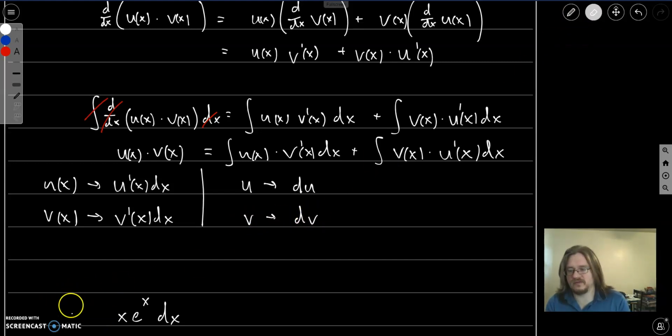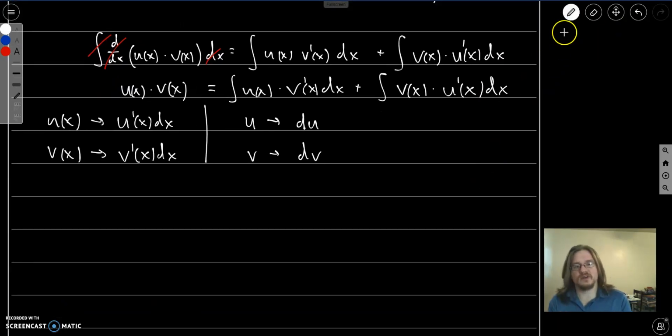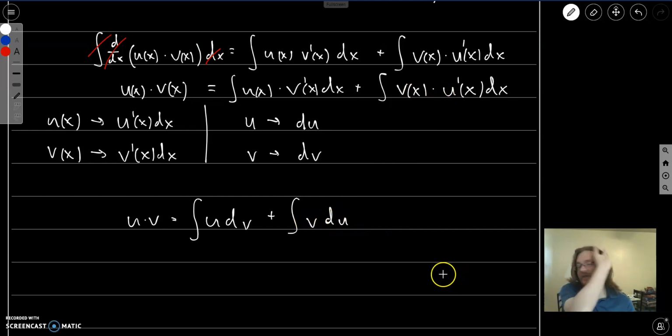I'm going to write this example out a little bit. So let me rewrite this equation here. u times v is just u times v. It's going to be equal to the integral of u dv plus the integral of v du.